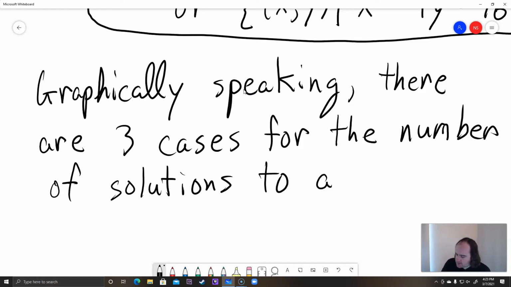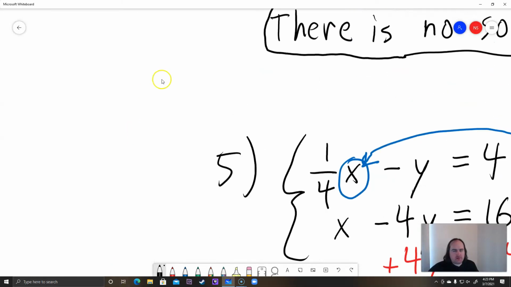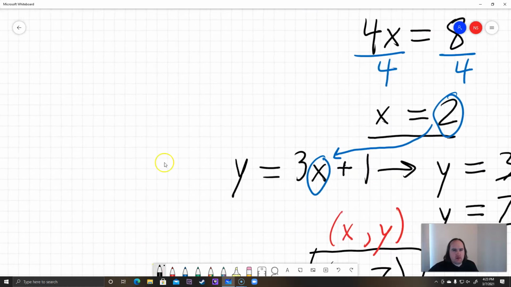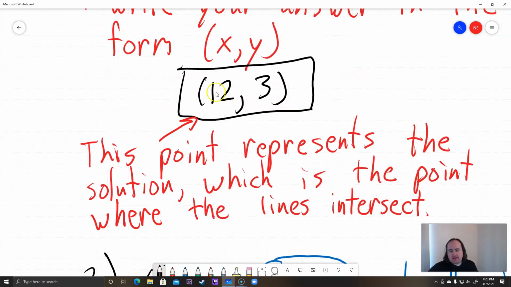Okay? There are 3 cases for the number of solutions to a linear system. And remember, that's a linear system of equations. I'm just not saying that because I'm tired of writing so many words. Okay. And we've actually seen all the 3 cases. So if we look at the first 3 examples that I did, let me go all the way back up to example number 1. Example number 1 was a point, x comma y. That's considered one solution because it's one point.